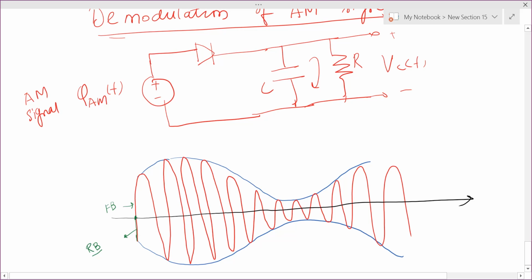When the diode allows this signal, meanwhile the capacitor C gets charged, till this point. After that there is a drop in potential, but the capacitor will now start discharging, in a decaying way, like this.